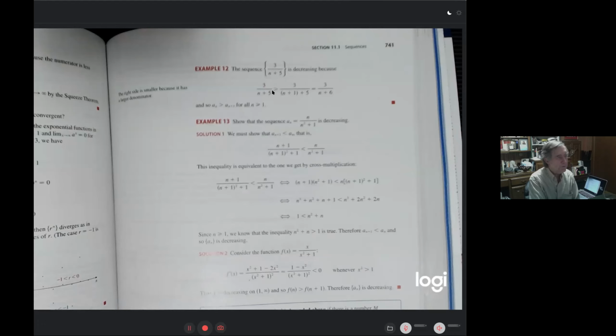But sometimes you might just start with less than. And once you work it out, you'll say, oh, I was wrong. So sometimes you can do an indirect proof because you don't know which it is, so you assume it's something. If in the end it's true, then you say I did it right. If in the end you get a contradiction, you say, oh, it must be the other way.